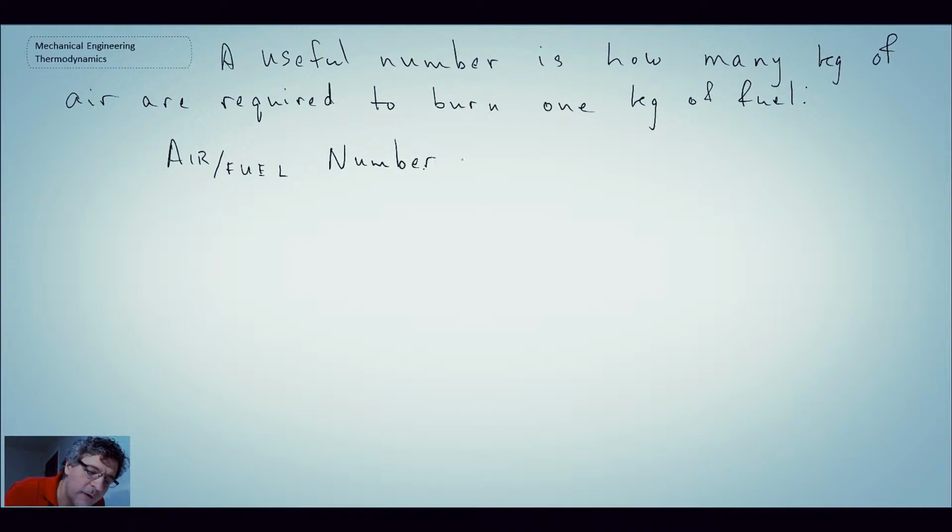So the air to fuel number is basically the mass of air being combusted divided by the mass of fuel. That's pretty straightforward. Now for methane, we looked at an oxidation reaction for methane just a moment ago. So let me pull that equation back in so we can look at the final reaction equation that we had.